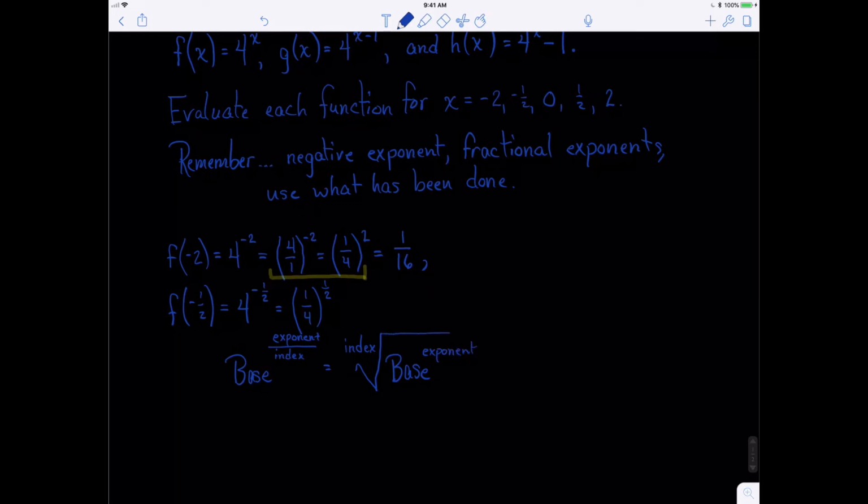So if we use this pattern here, really this problem is, what is the square root, because the index is 2, of 1/4 raised to the first power? Well, remember that 1/4 to the first is simply 1/4.